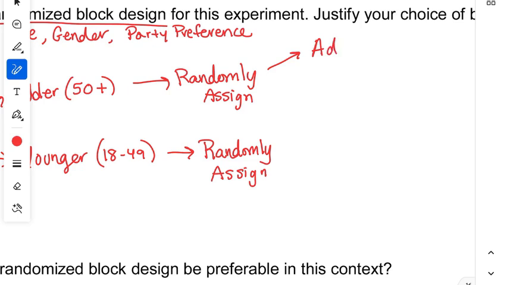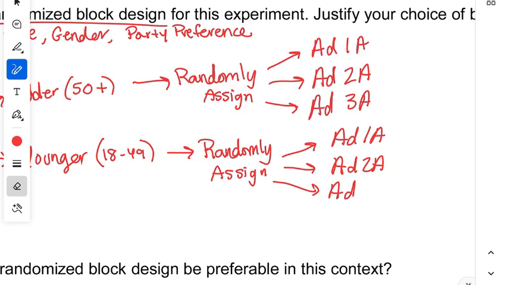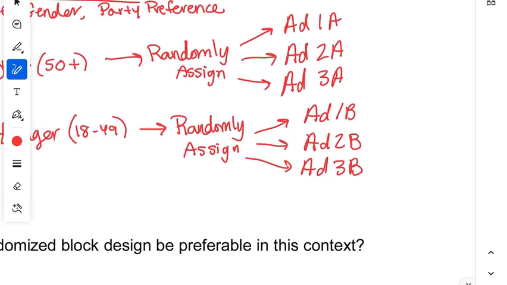Okay, and then after you randomly assign, we have to split them into the groups again. So we're going to call this 1A. It's still just 1, still just 2, but A stands for the older group. Oh, that would be B. I don't know why I'm putting A there.